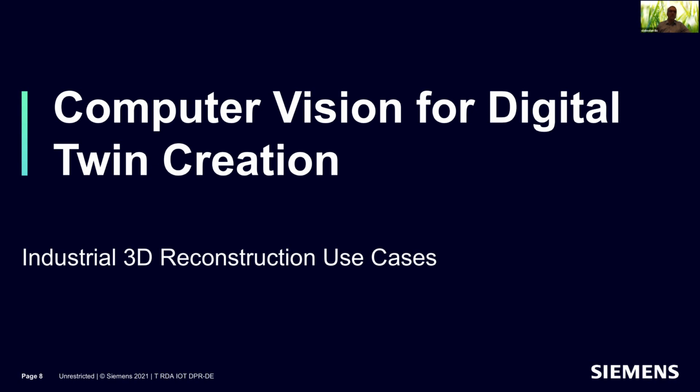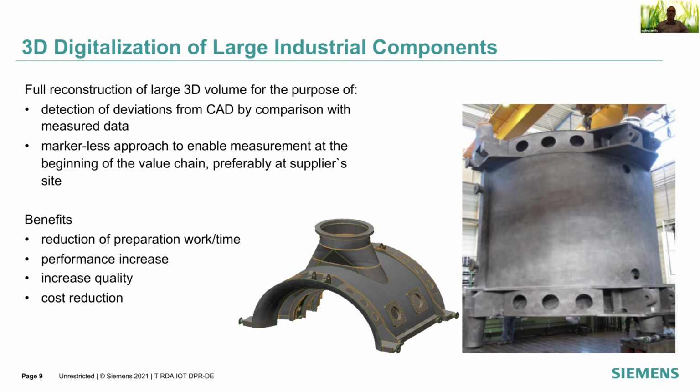Okay, so the first part of the talk is going to be dedicated to this one use case, the digitalization of large components. In Siemens factories, it is very important to have a good, precise measurement of these large components, because they are constantly put into the milling machine.